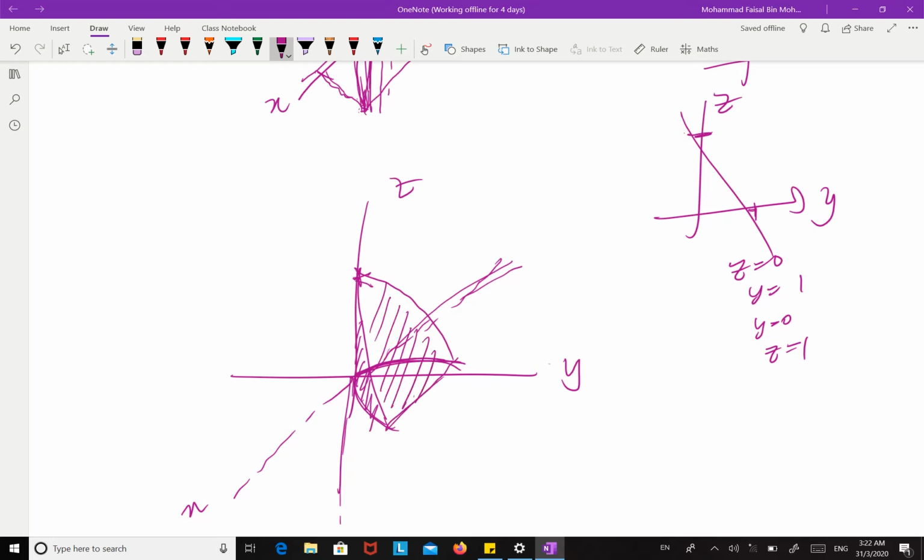Okay, so in this case this is x, and this is x equals negative 1 to 1, and then this is the line at 1, 1.